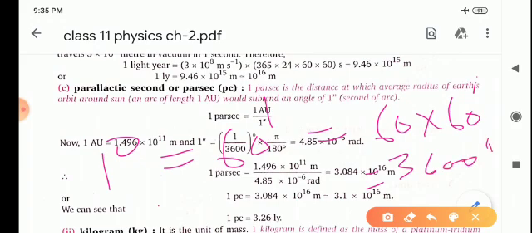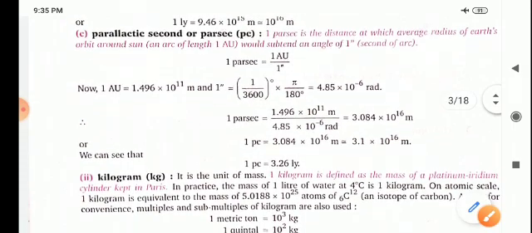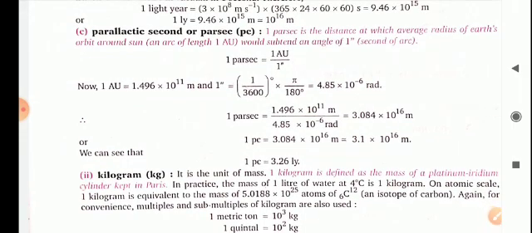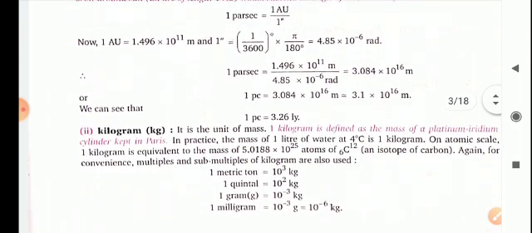So 1 second equals 1 upon 3600 degree. That is, 1 parsec is equal to 1.496 into 10 power 11 meter upon 4.85 into 10 power minus 6 radian. That is 3.084 into 10 power 16 meter, approximately 3.1 into 10 power 16 meter. 1 parsec is equal to 3.26 light year.